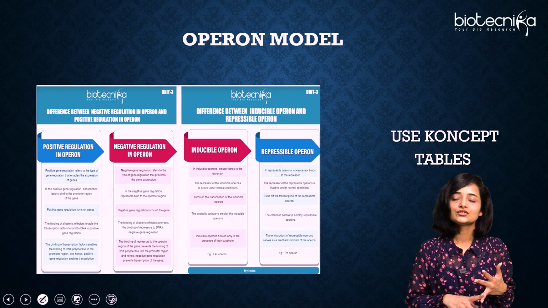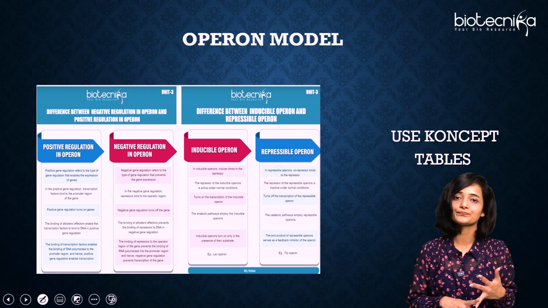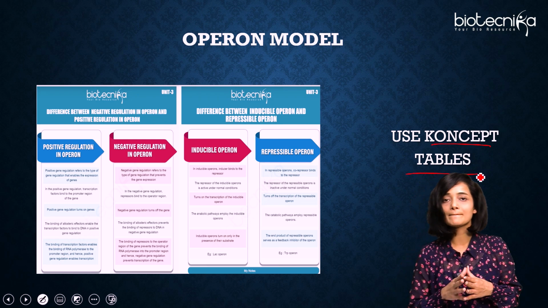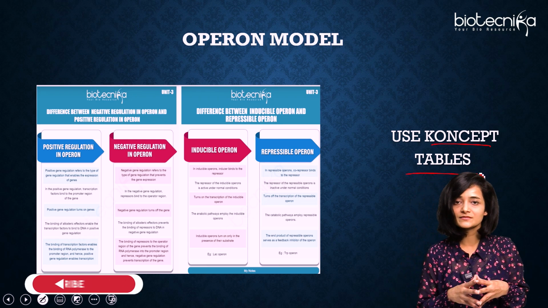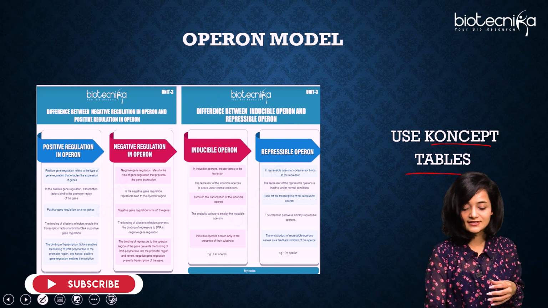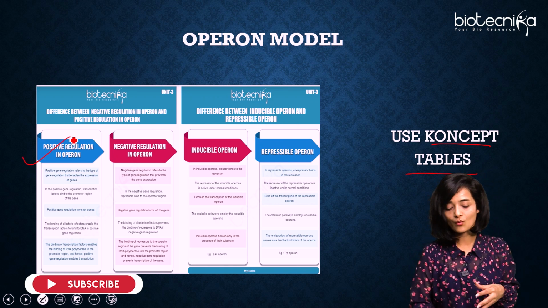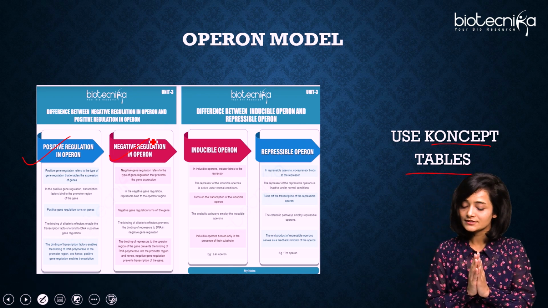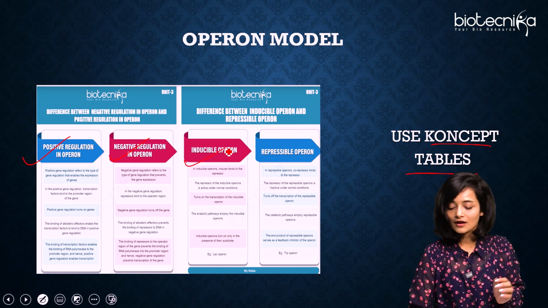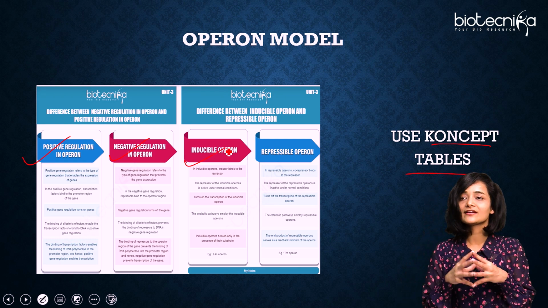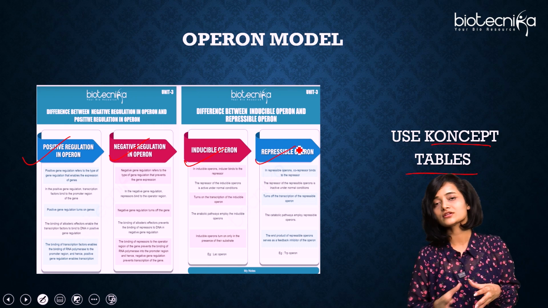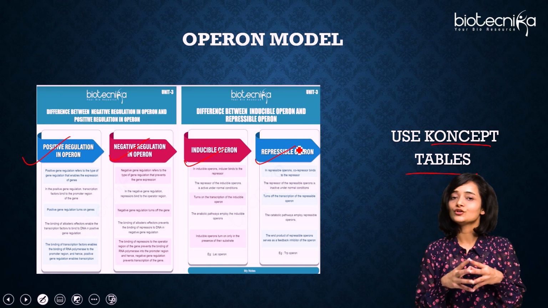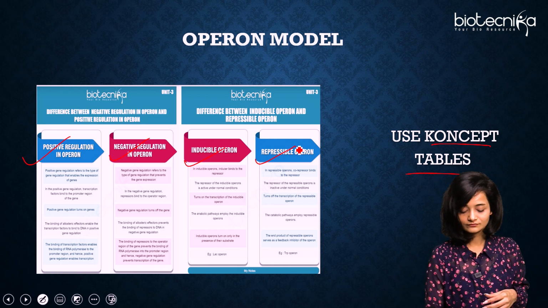And to understand the OPERON model, you can make use of concept tables where you compare certain terms and their concepts, such as positive regulation in OPERON and negative regulation in OPERON. Both of these you can compare and make concept tables. Another is inducible operon and repressible operon. This also you can differentiate and compare with the help of concept tables. This could be quite handy and you can memorize these things better.